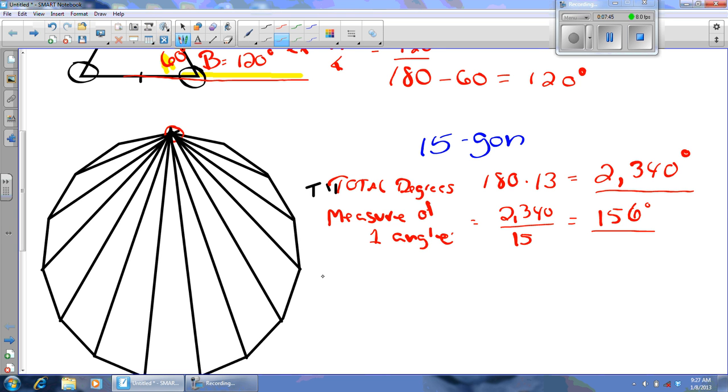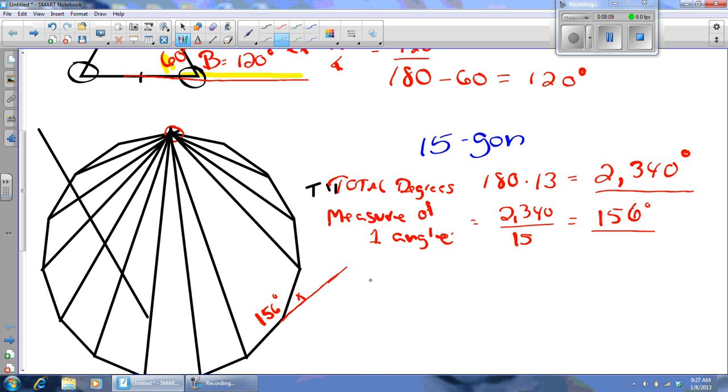All right. Now, what that means is, let me get rid of this segment here. I know that this angle right here is 156 degrees. Pretty big angle. And I can figure out the measure of this angle. I'll call it x, this exterior angle.